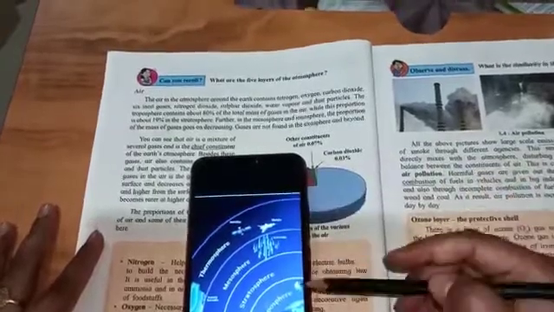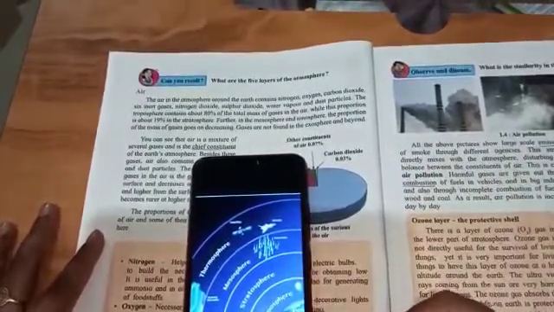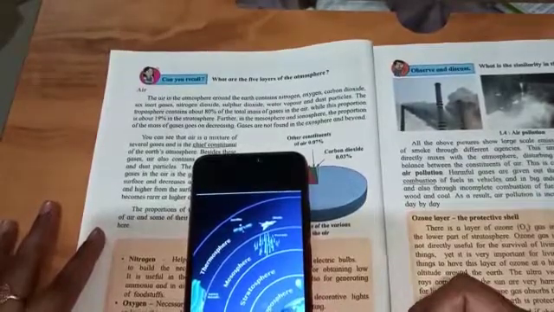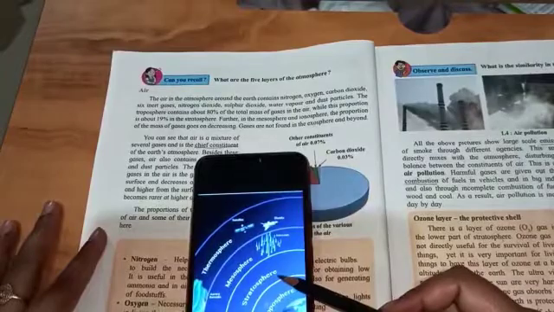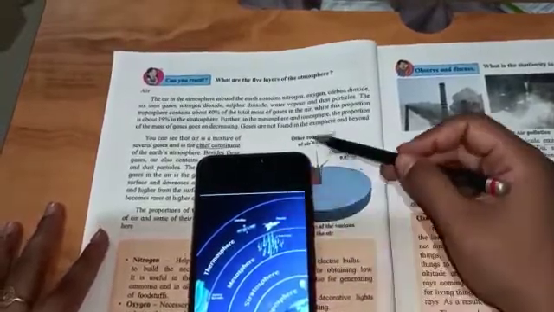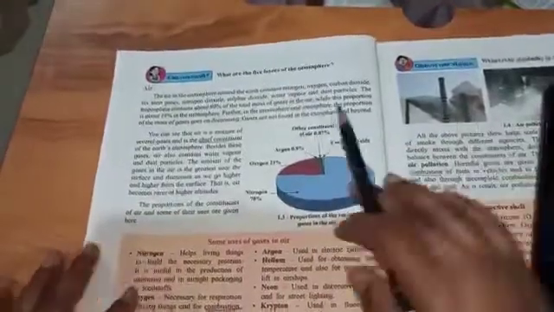Okay. Now the troposphere is the nearest or the closest sphere to the earth. Alright. The other spheres we will study further. Okay. Now the air.